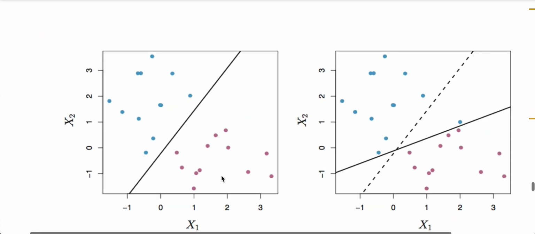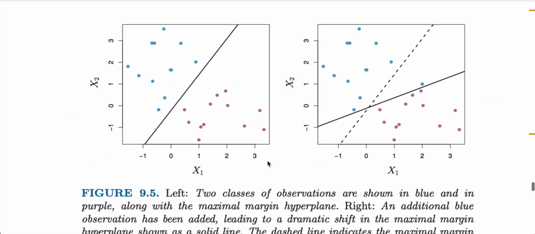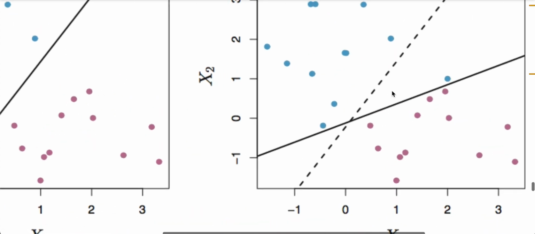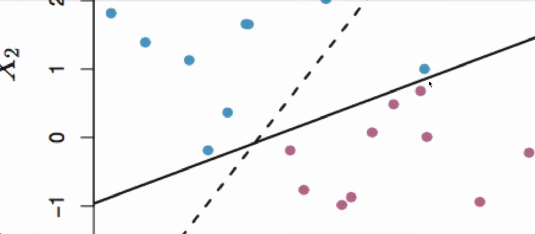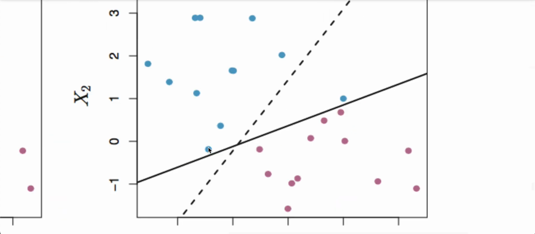Now the problem here is that imagine the data remains the same, but we have one extra observation, this one. So one blue one is added here. Suddenly, this single data point will significantly move our hyperplane from here to here. And suddenly, this point and this point will become our support vectors.